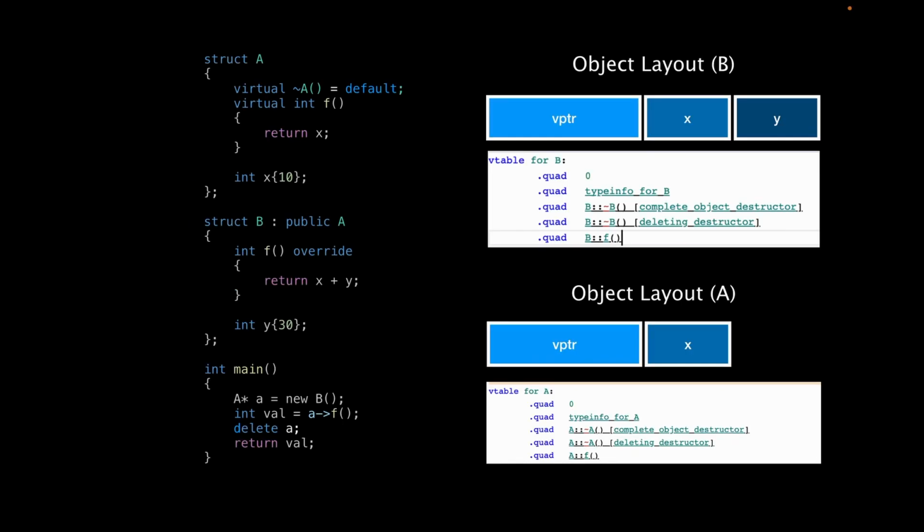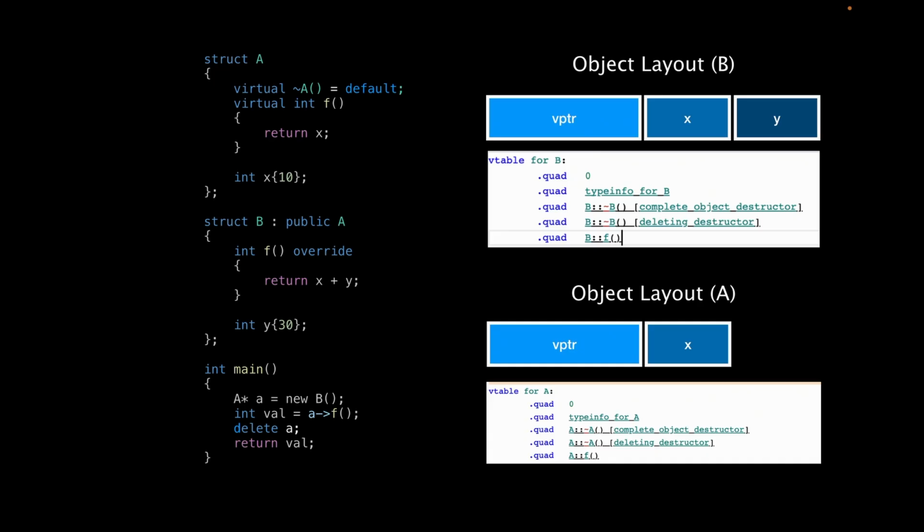Now, in the second case, we're going to add to our example the virtual destructor for the class A, and we're going to add the virtual function f. This virtual function f is going to be overridden inside the struct B. So now the object layout for B and for A is going to look different.